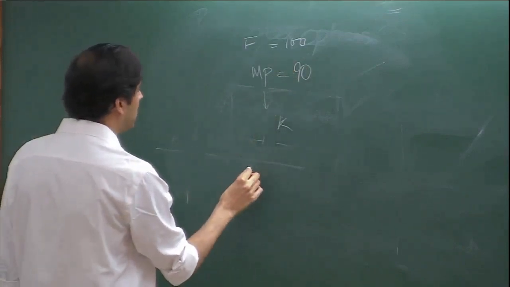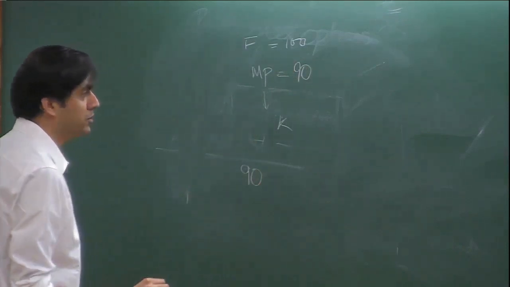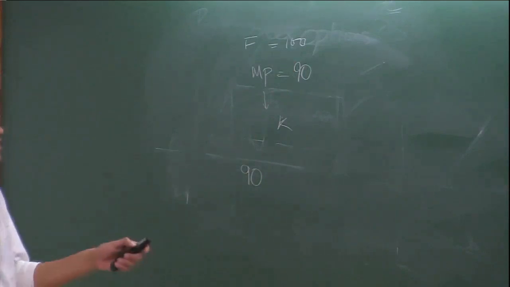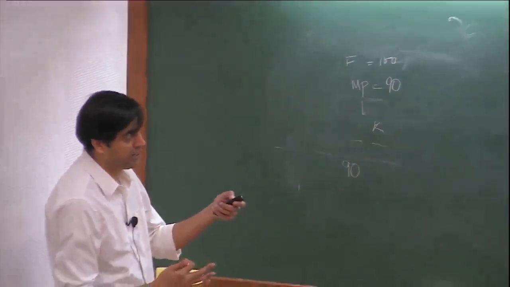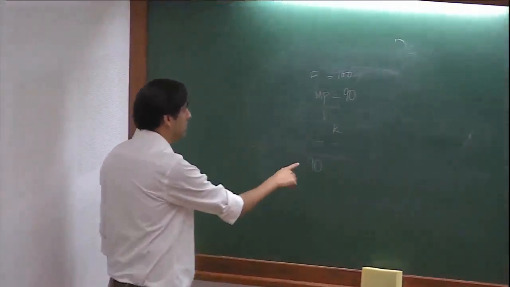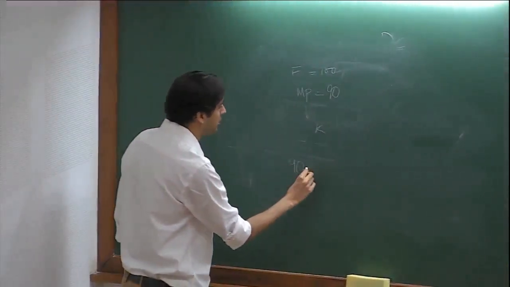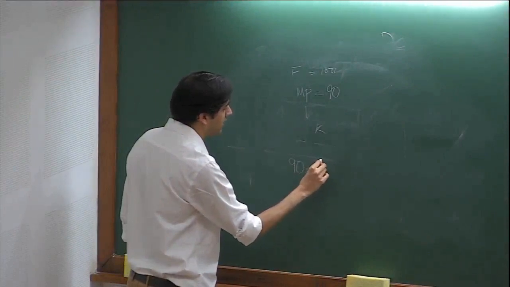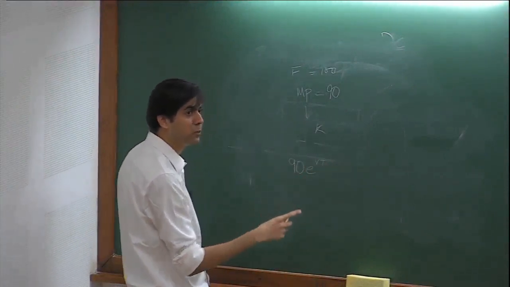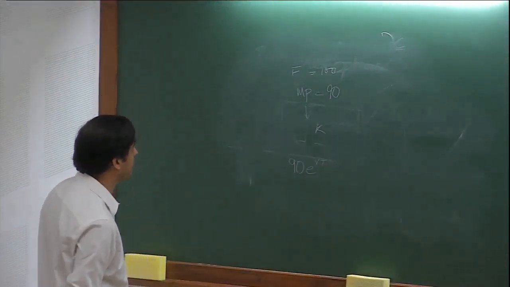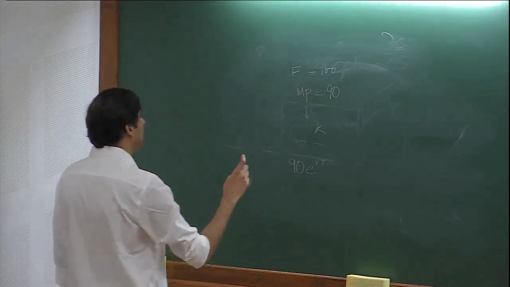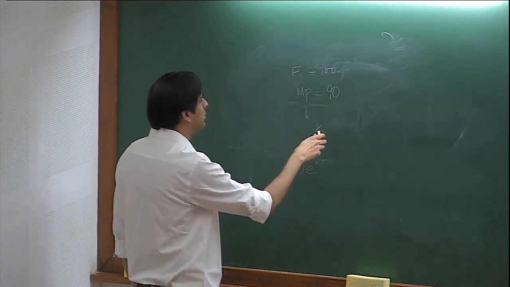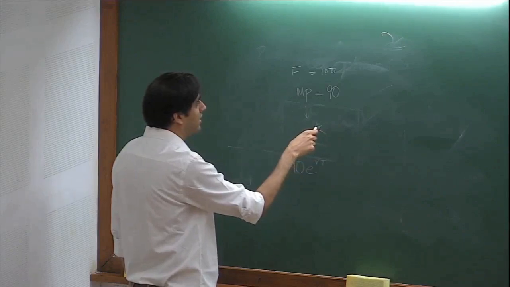So you borrow 90 rupees from the bank, and at the end of the period, you would have to return the money, which would be equal to 90 e raised to power RT. This is what you would have to pay to the bank. And at the maturity, you will be able to buy at K the stock.